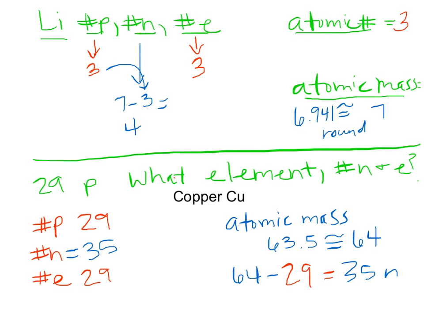Again, we need a whole number, so when we round that, this time it gets rounded up to 64. I take 64, minus 29. You might be wondering, where did I get this number? Well, the number of protons, remember, we take the mass number minus the number of protons, and this gives us 35 neutrons. So our answer here is that it's copper with 29 protons, 35 neutrons, and 29 electrons.